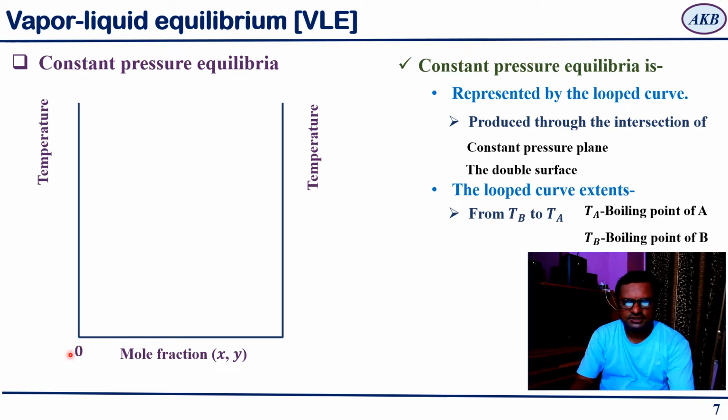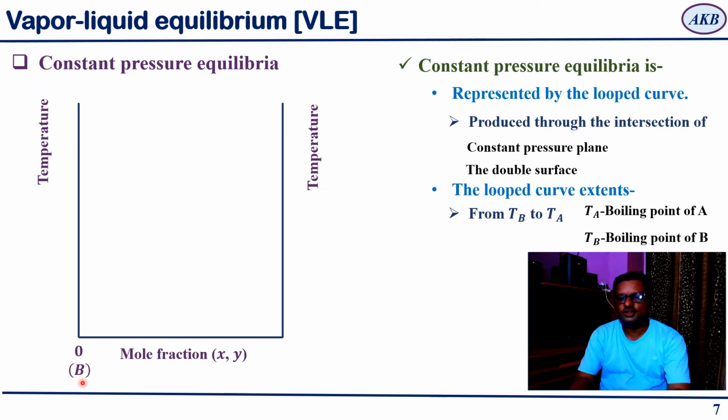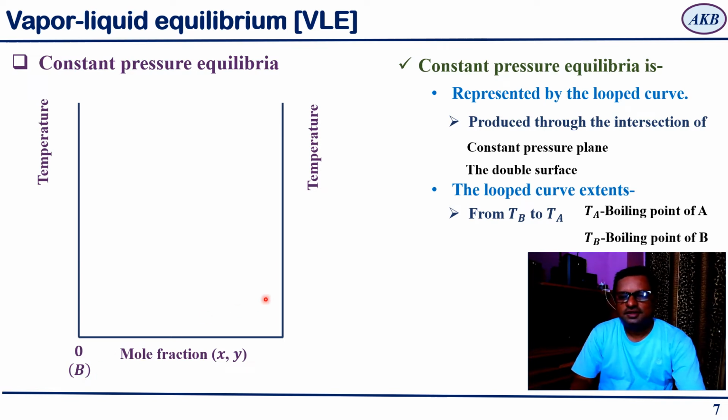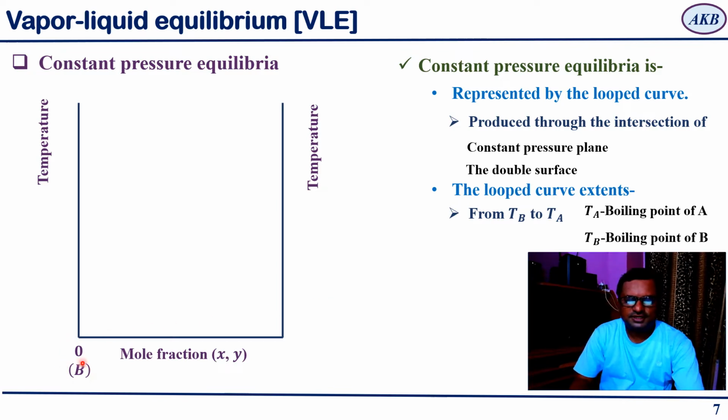One end represents x equal to 0, that is pure B. If you remember, x was the mole fraction of the more volatile component, which is A. So if it is 0, that means it is representing pure B. And if it is 1, then it is representing pure A. x equal to 1: there is only one component, and that component is A. And over here, x equal to 0 represents pure B, only one component, that is B.